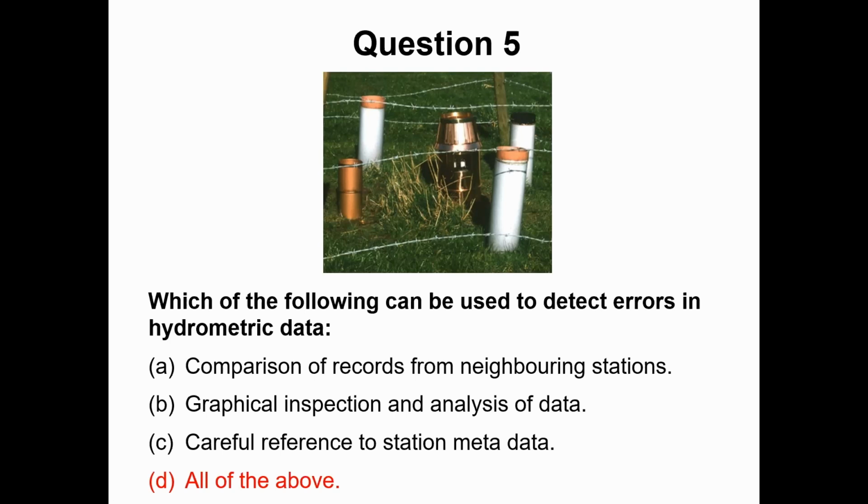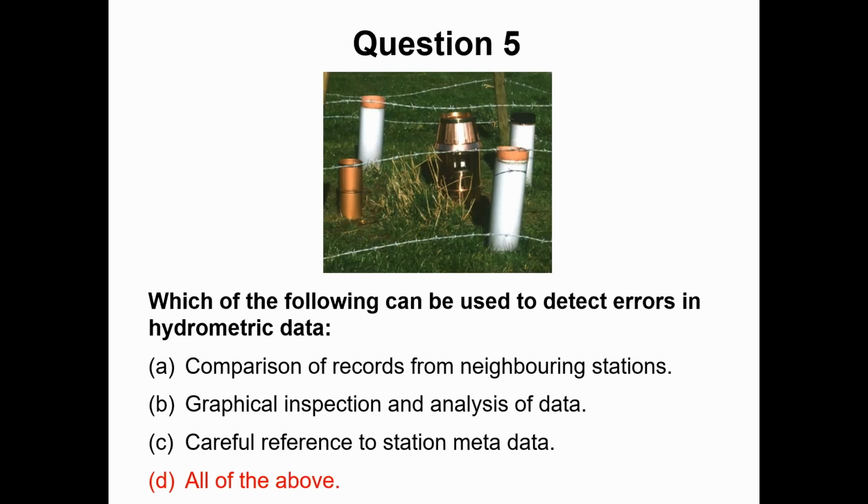Okay, so one way in which we can find errors is by comparing data sets from neighboring sites, because you'd expect them to be behaving in a very similar fashion. So if one suddenly diverts from the other, then that could be caused by an error.